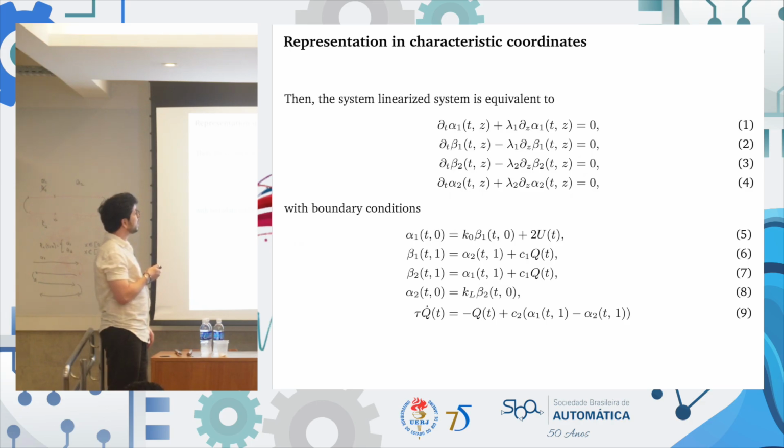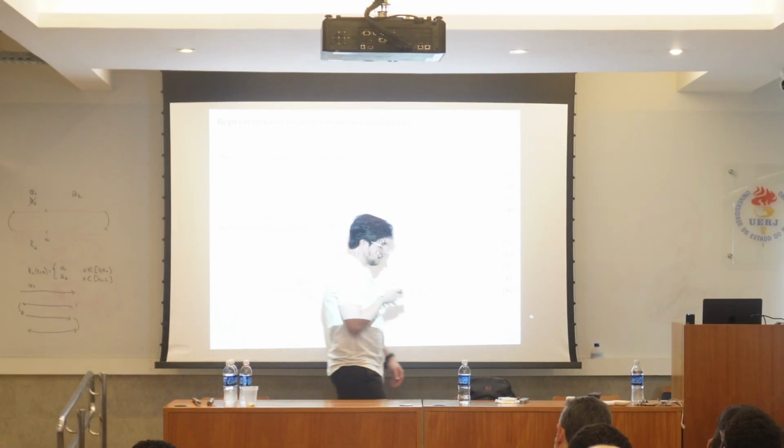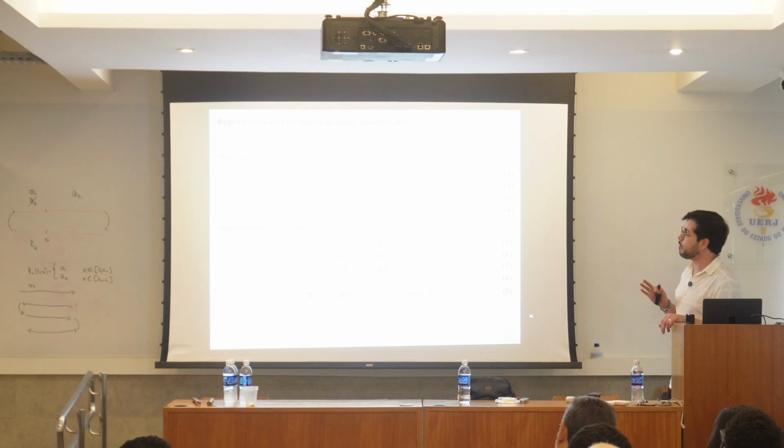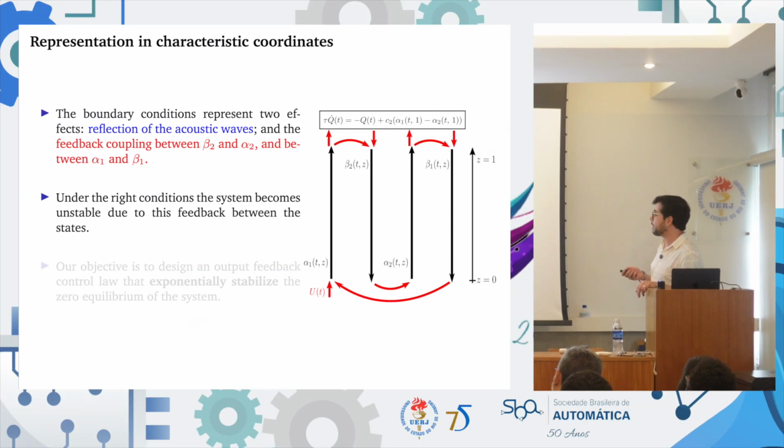Now we can see that we don't have more discontinuities in the right-hand side, but we have many more states, many more boundary conditions, and the coupling between the PDEs and the ODE happens in the boundary. But this is no problem to be solved. So this is our framework to be stabilized.